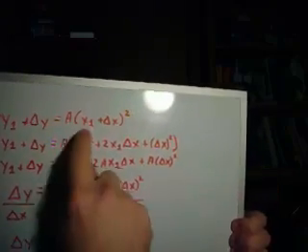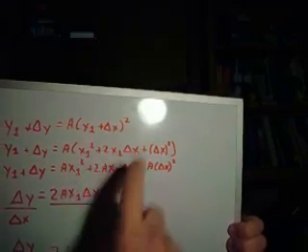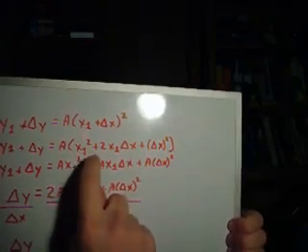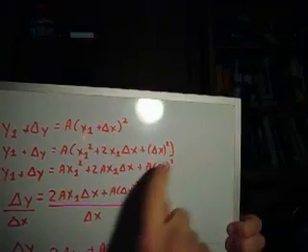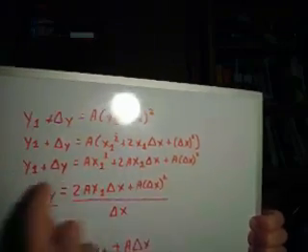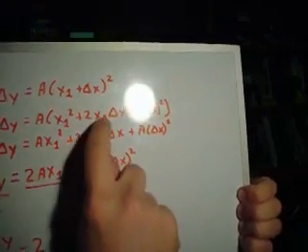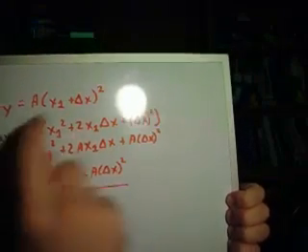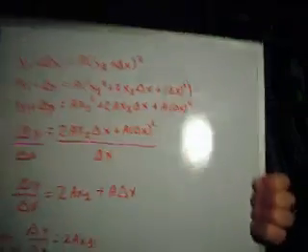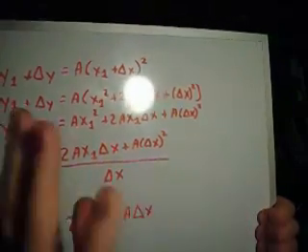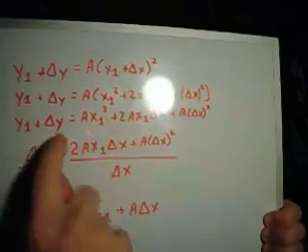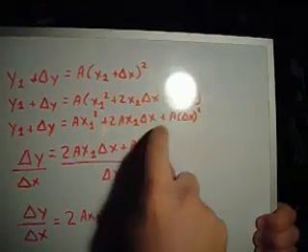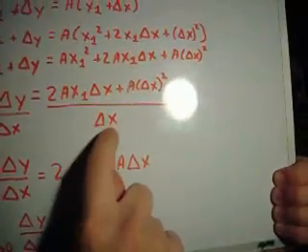Now, we're going to factor out this equation right here, and when we do, we get this equation right here, and then we multiply every one of these terms. See these terms right here, the x1 squared, the 2x1 delta x, and delta x squared. We multiply all this by the letter A. And then we get this equation right across here. Now then, we're going to divide the entire equation by delta x, which is right down here.